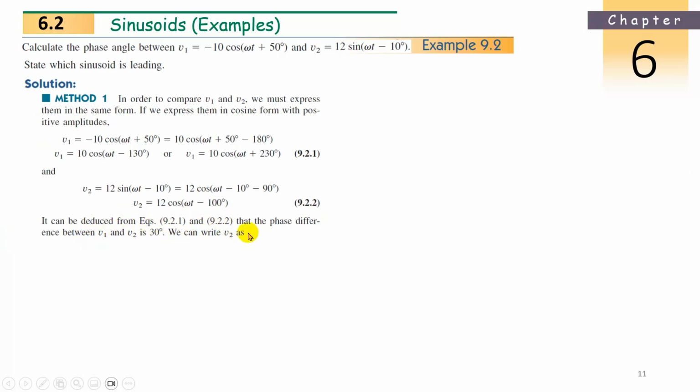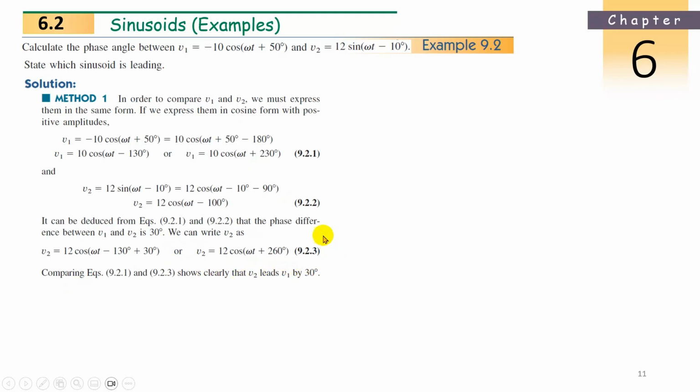We can write V2 as 12 cos(omega t minus 130 plus 30), so V2 is 12 cos(omega t plus 260) also. Then comparing these two equations, V2 leads V1 by 30 degrees. Directly you can see from here, the difference is minus 30 degrees, so V2 is leading V1 by 30 degrees.